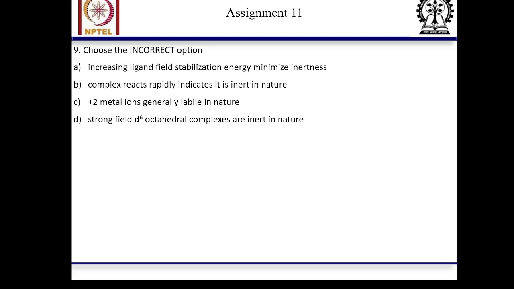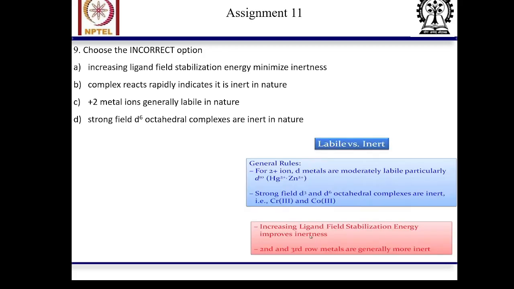The complex reacts rapidly indicates that. Okay, so let's see.